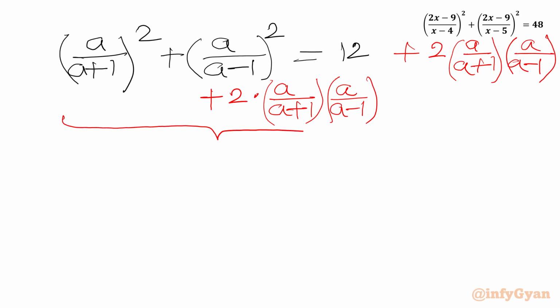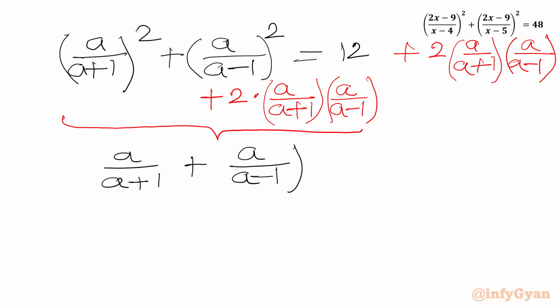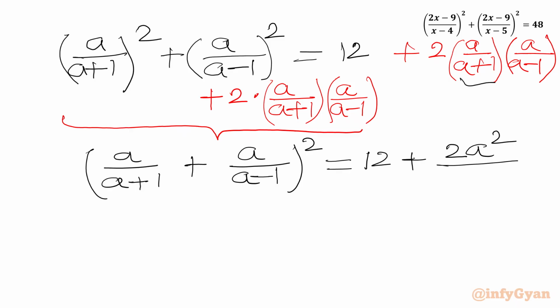Now LHS will give us the identity m squared plus n squared plus 2mn. We can write (a/(a + 1) + a/(a − 1)) whole squared. RHS will be 12 plus, we can simplify, 2a squared over (a + 1)(a − 1). The difference of two squares formula is applicable, so we will write a squared minus 1.